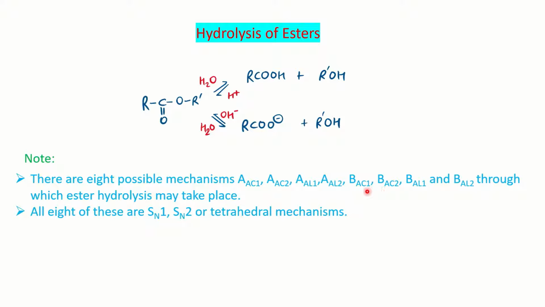Similarly, in the presence of base, it is either acyl cleavage or alkyl cleavage. It may be unimolecular or bimolecular. So there are a total of 8 possible combinations, and the common mechanisms are SN1, SN2 or tetrahedral mechanism. As it forms a tetrahedral intermediate, SN1 you can easily identify based on the carbocation formation, SN2 again by inverted configuration.